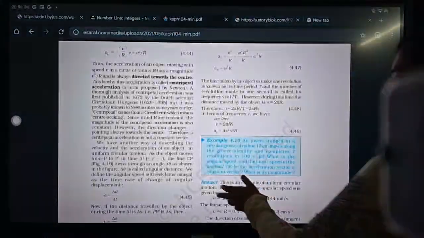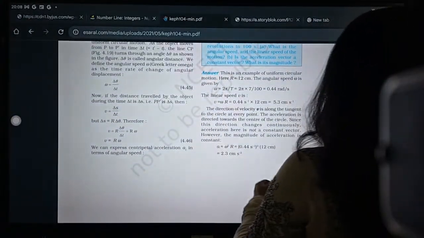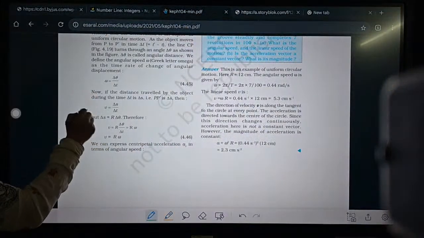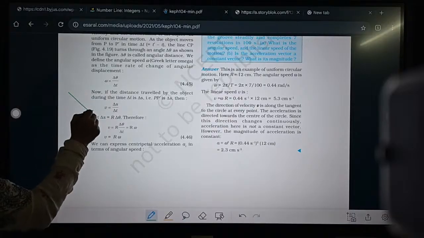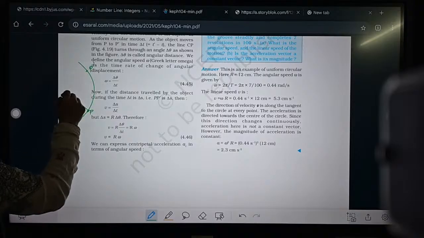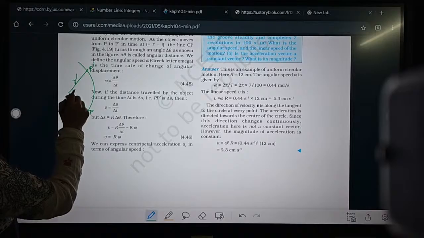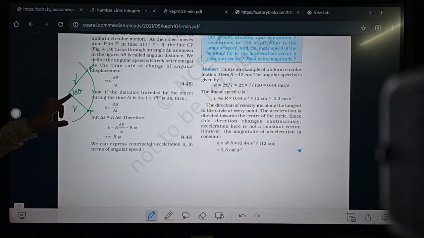Then, if you talk about the angular velocity, you are taking the angular displacement. The particle is moving between two positions, r and r prime, and this angle is delta theta. This is the angular displacement.